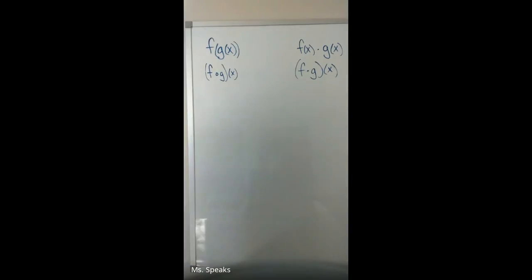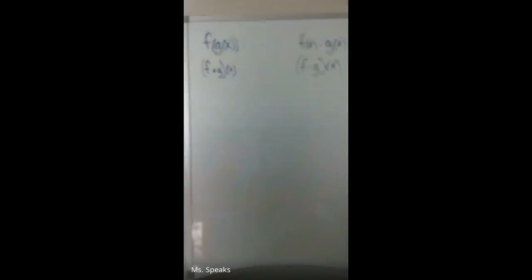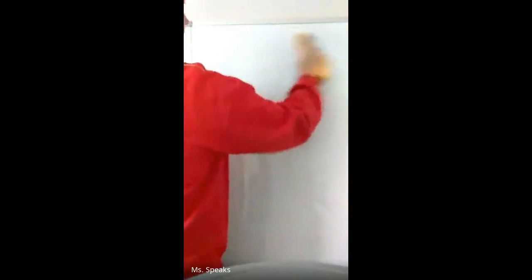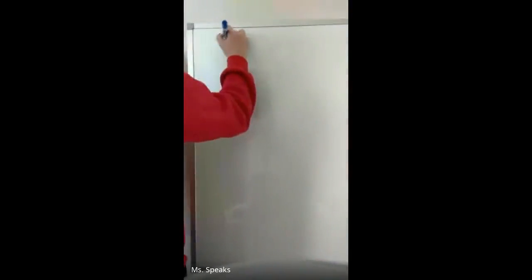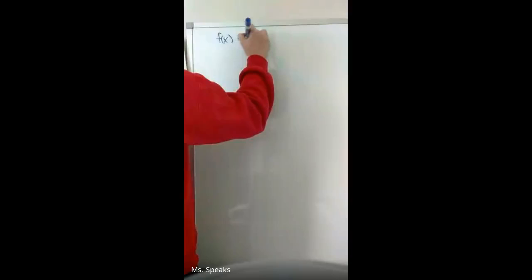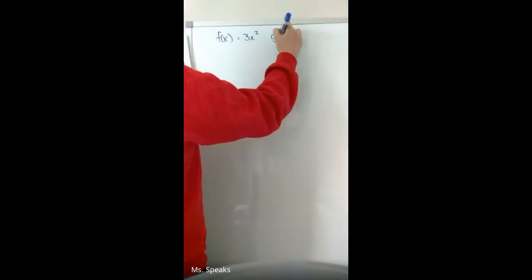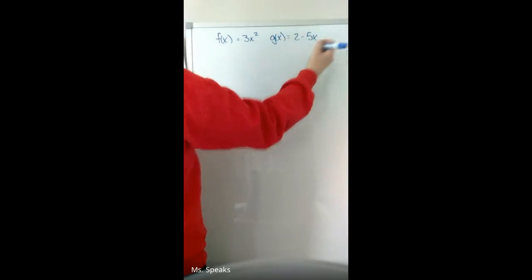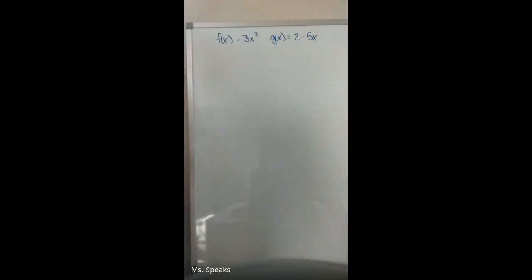So for that one, let me erase these real quick. All right, so we're assuming that f of x is 3x squared and g of x is 2 minus 5x. All right, and then I'm going to do 51.